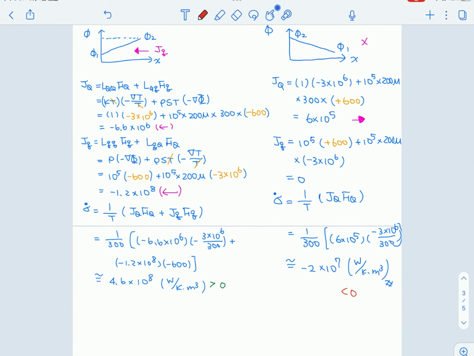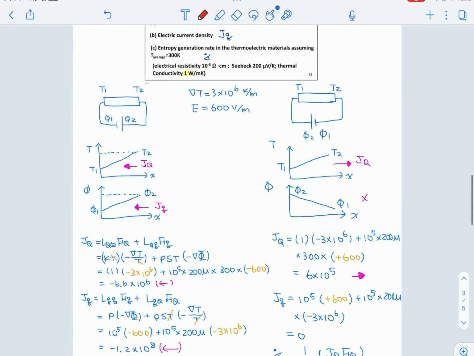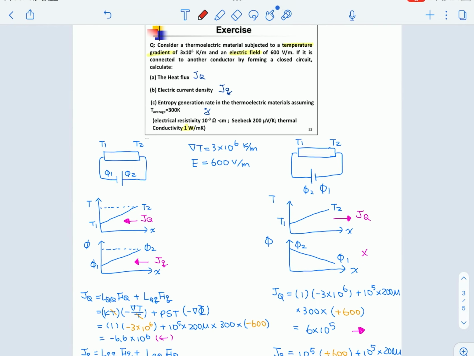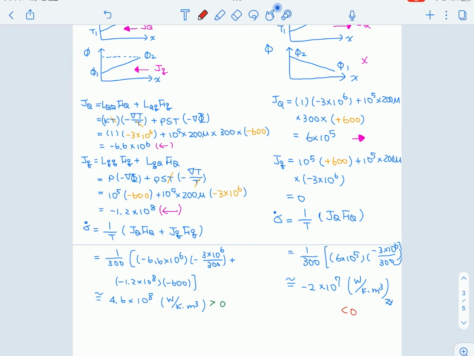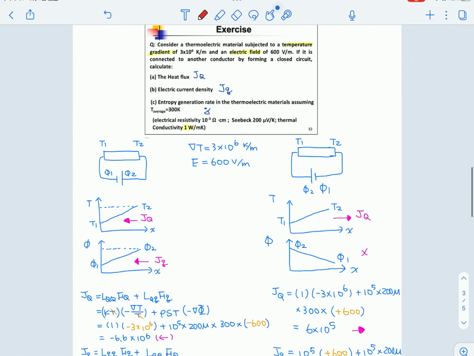So just to show you what this result tells you. Because the entropy production rate is negative, that tells you this is an impossible process, right? An impossible kinetics process. So even if you apply this temperature gradient and connect this with the battery, this system is not going to become a steady state flow process.